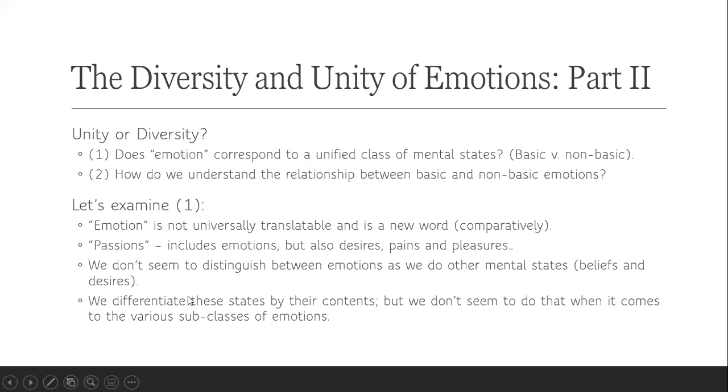And also keep in mind that we don't seem to distinguish between emotions the same way we do with other mental states, right? If I want to differentiate mental states like beliefs and desires from, say, perceptions, I can usually do it propositionally. Beliefs and desires are propositional attitudes. Perceptions are not.